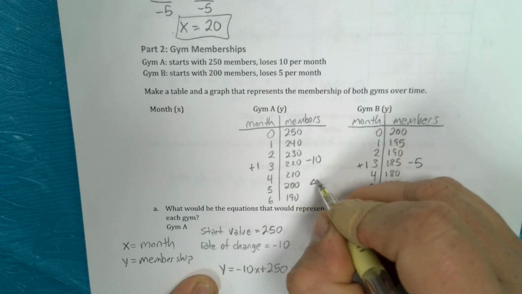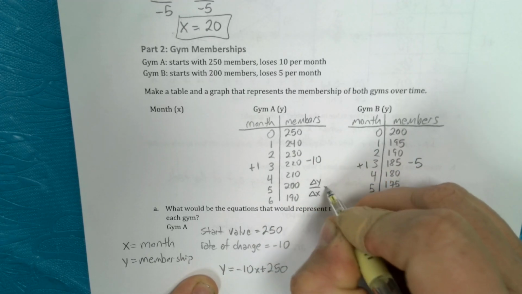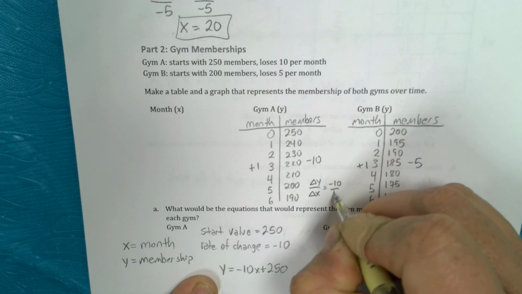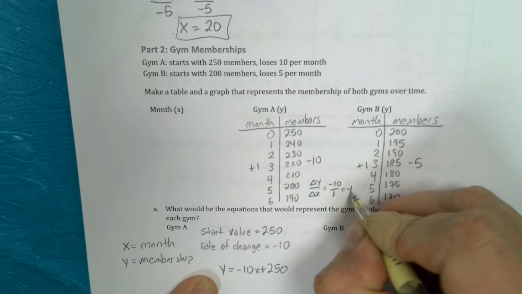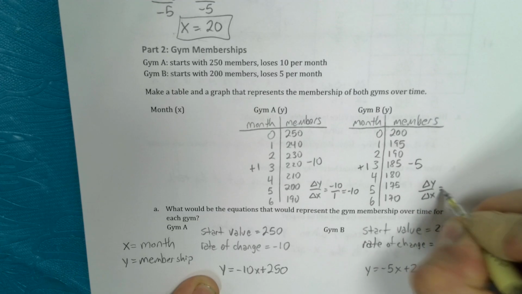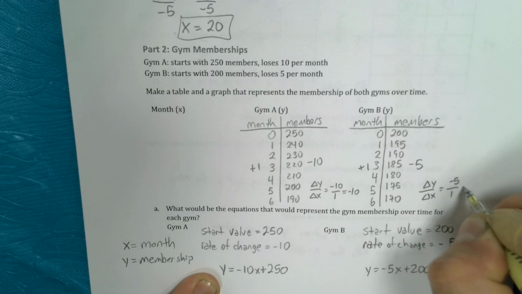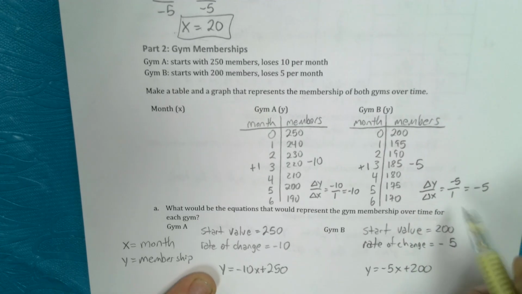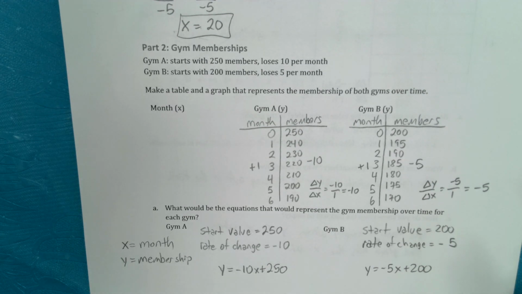So here your rate of change is going to be negative 10 over 1, which is just negative 10. Over here, your rate of change is negative 5 over 1, which is just negative 5. You always want to put those in the simplest form if you can.